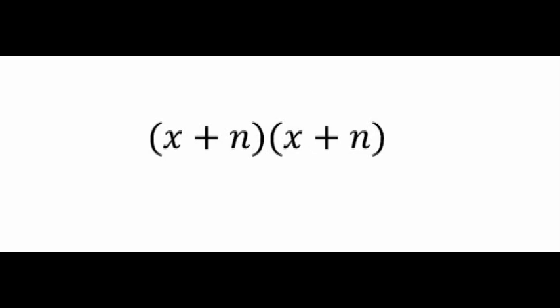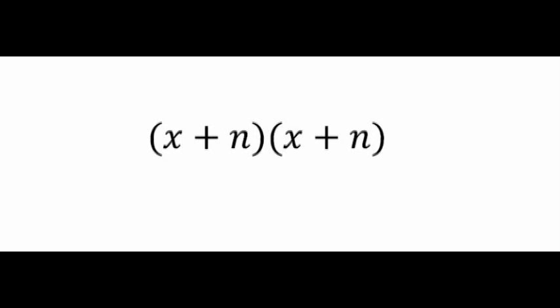For those students who have learned this, we sometimes call this FOIL, F-O-I-L, where we multiply the first terms, in other words, the x and the x. We multiply the outside terms, that would be the O in FOIL, which would be the first x and then the last n in the second binomial.